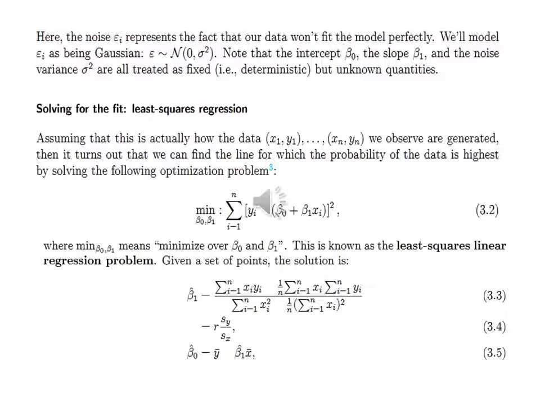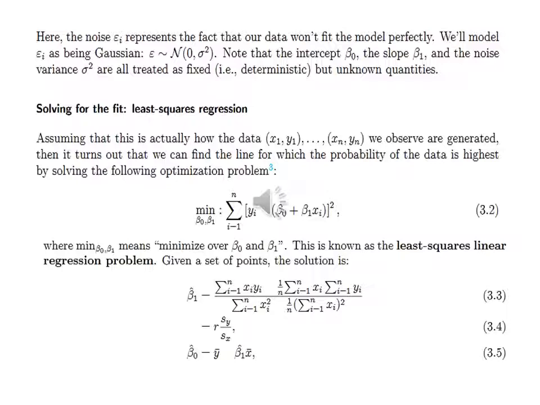Given a set of points, the solution is found when we solve equation number 2 by minimizing over beta 0 and beta 1.